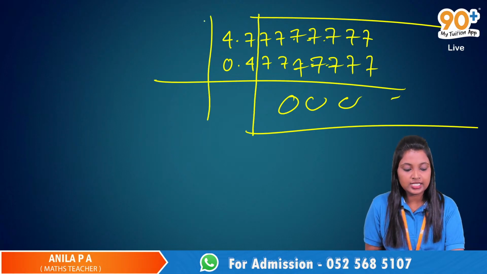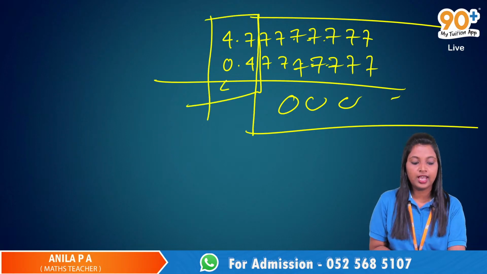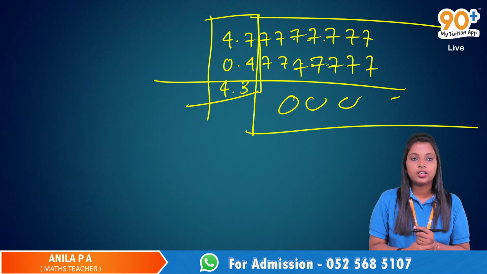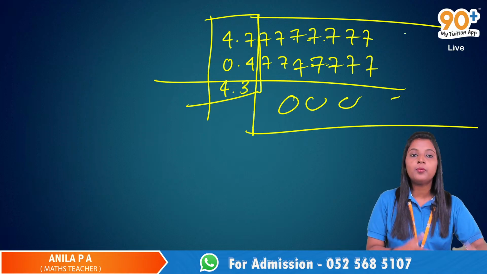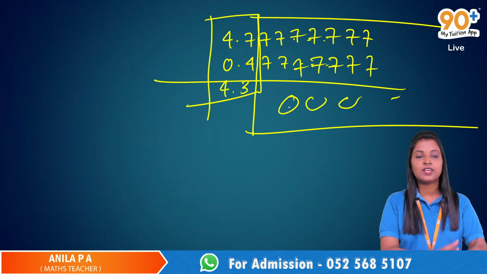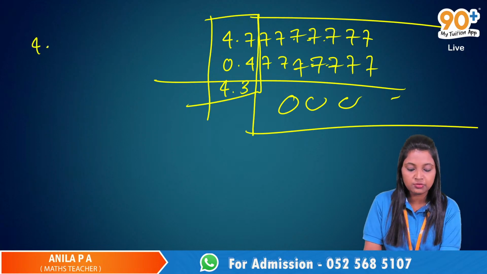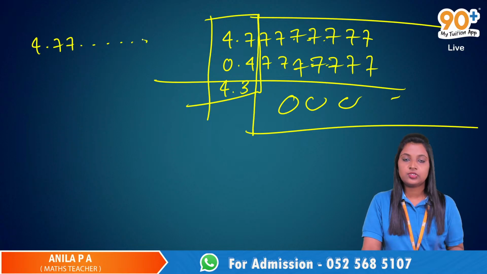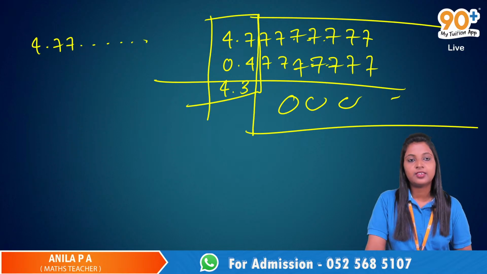We only consider this part, 4 and 7 minus 4, which is 4.3. So you can just write it as 4.77, but don't forget to put that etc.